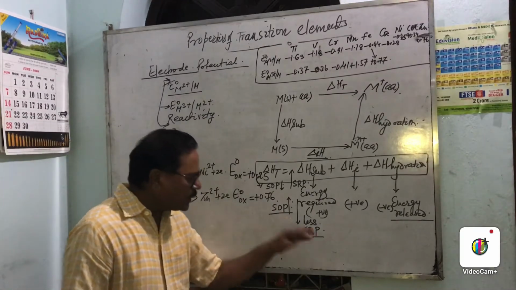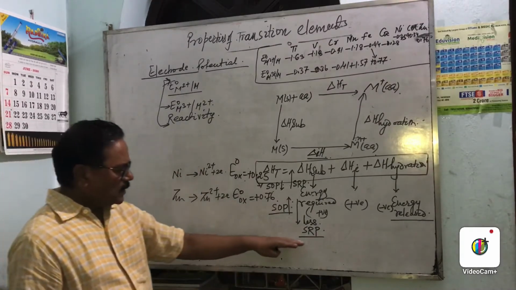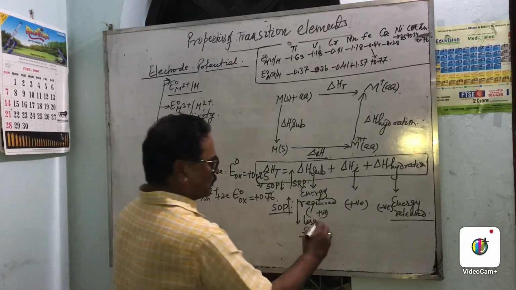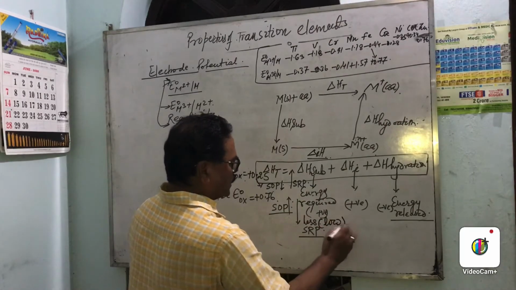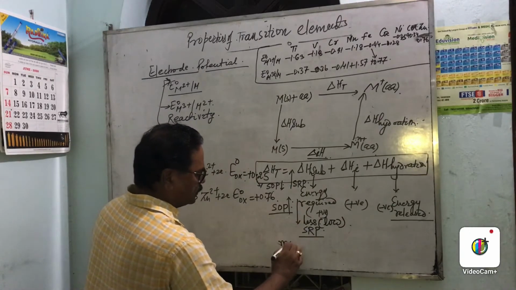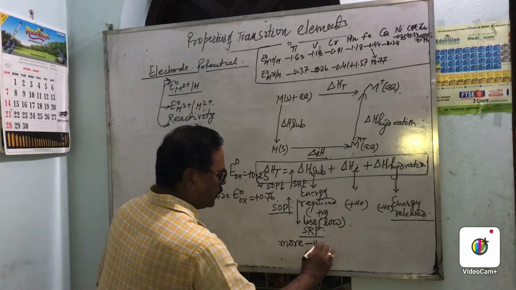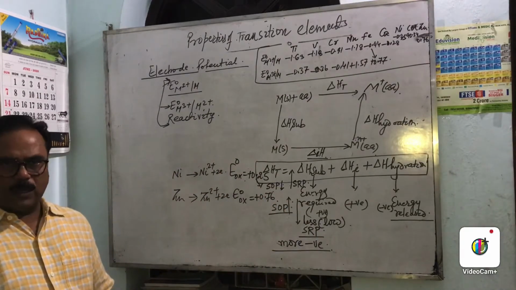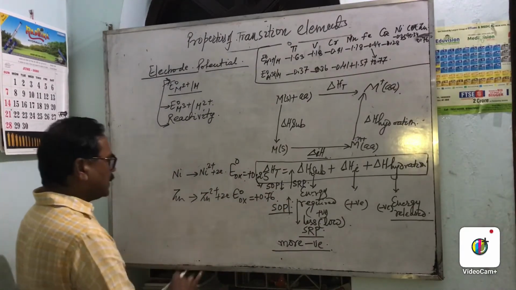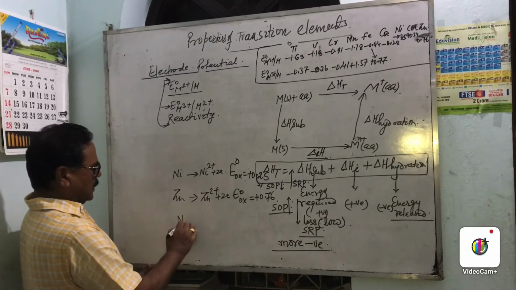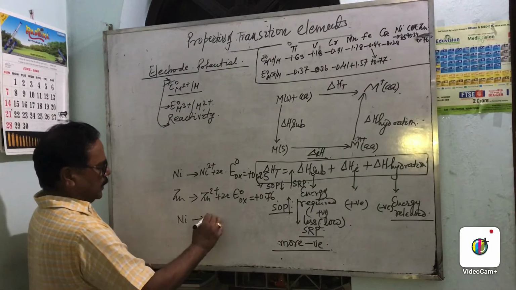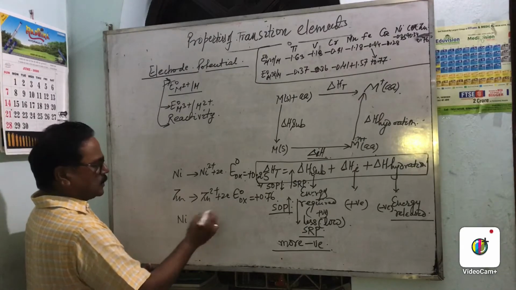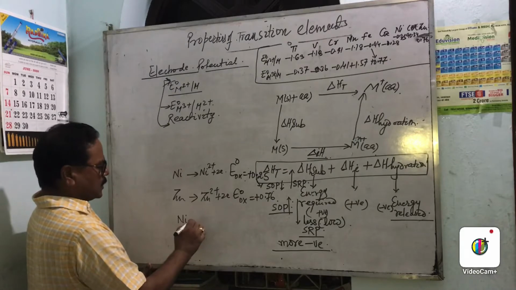If the standard electrode potential is low, that means more negative, then that state will be more stable. If we consider nickel 2 plus, the phenomenon will be just reverse.